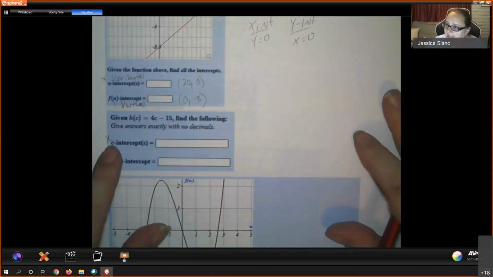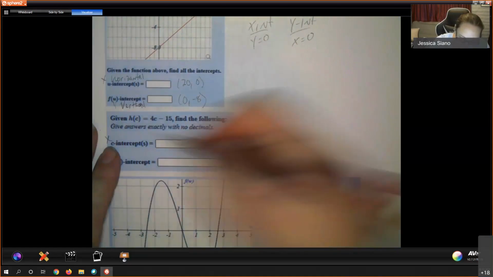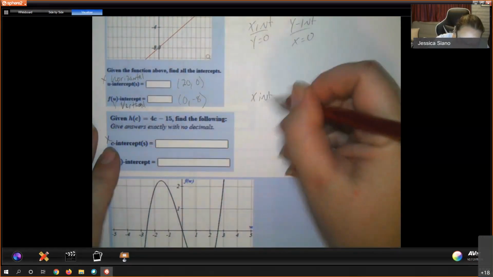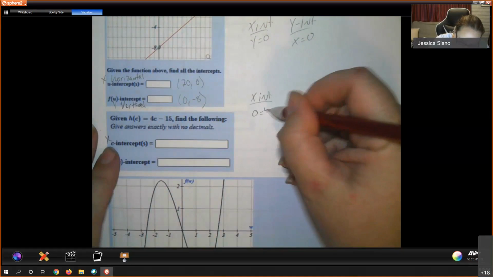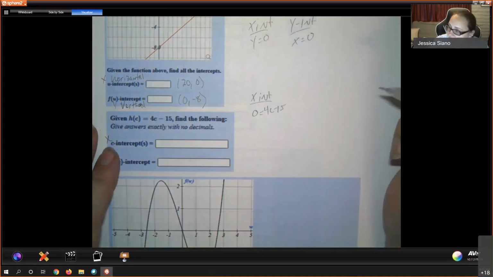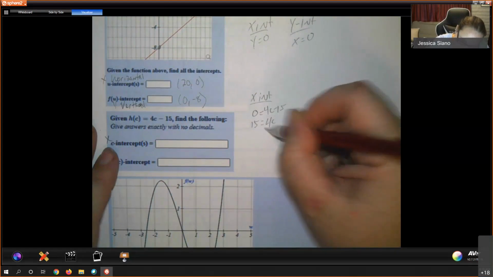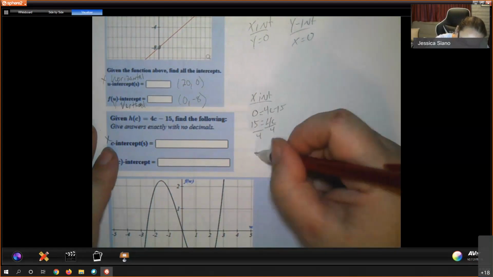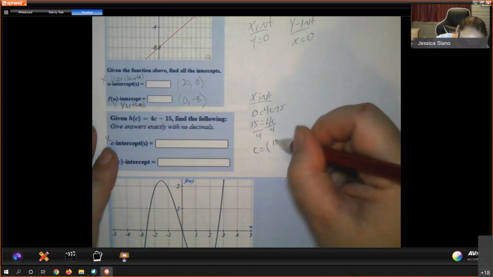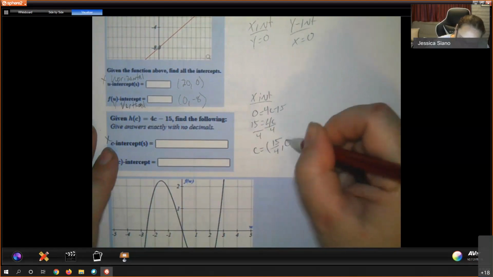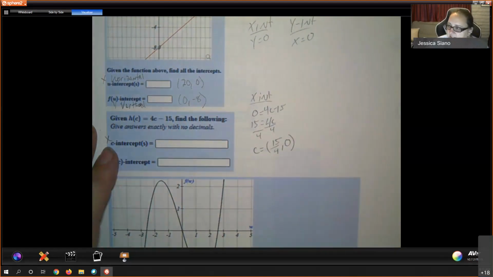If I'm looking for the x-intercept, I'm going to make y 0. So I'm going to say 0 equals 4c minus 15. Add the 15. Divide by 4. So my c-intercept is (15/4, 0).